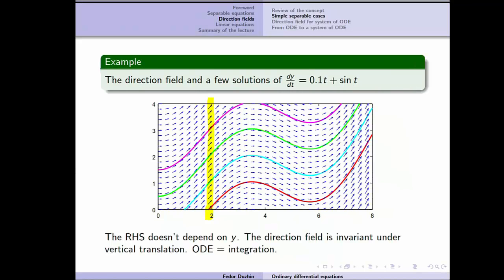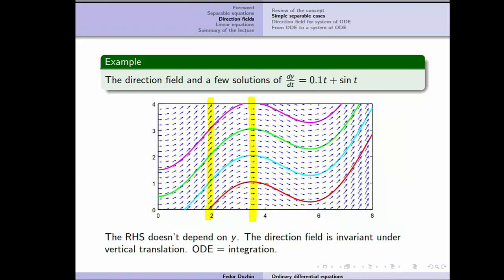Changing y shouldn't change the right-hand side of the differential equation, which means that all the arrows along this line are exactly the same. Or if you want another example, say here it's about 3.5, along this whole line all the arrows are equal to each other.